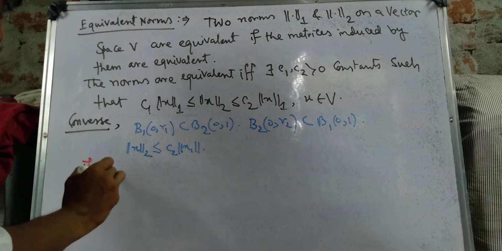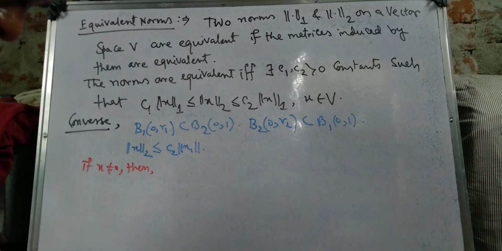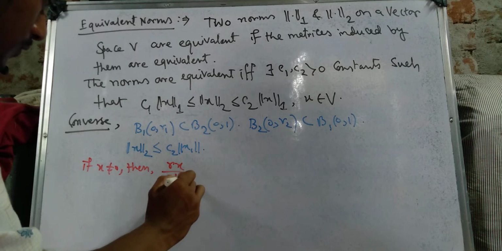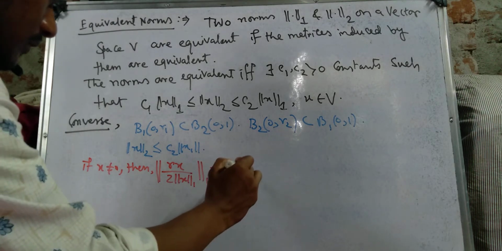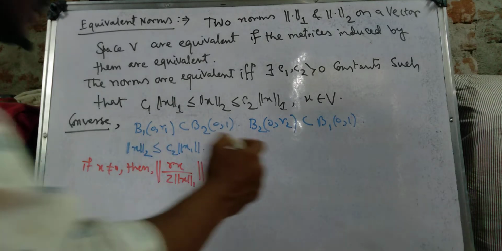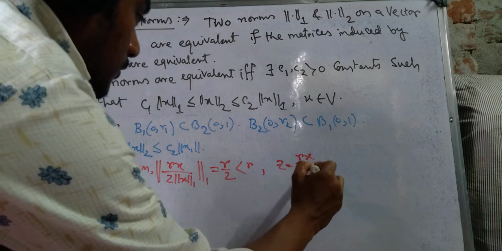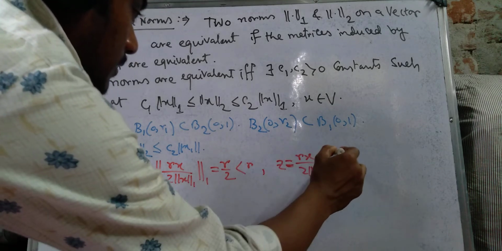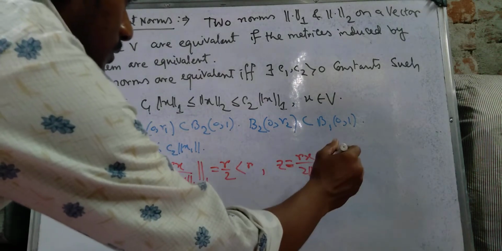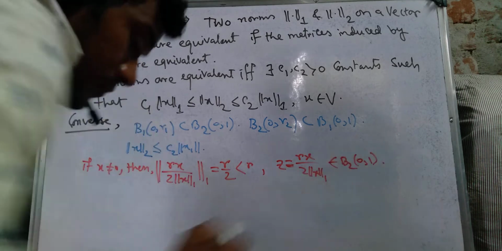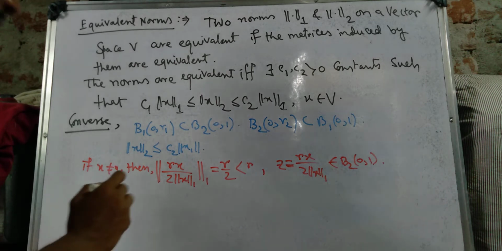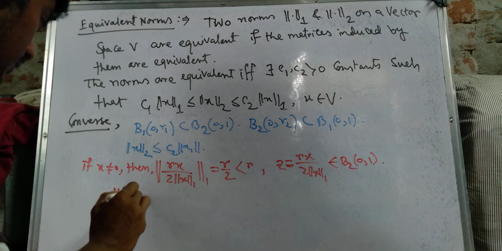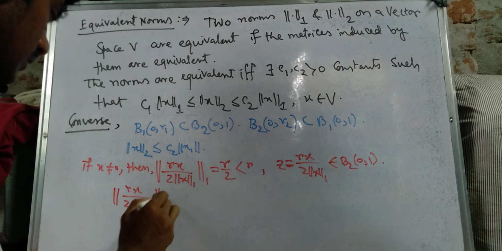If x is not equal to 0, then the norm of Rx by 2 norm x1 is equal to R by 2, which is less than R. Then z equal to Rx by 2 norm x1 belongs to B2(0,1), so the norm of Rx by 2 norm x1 is less than 1.